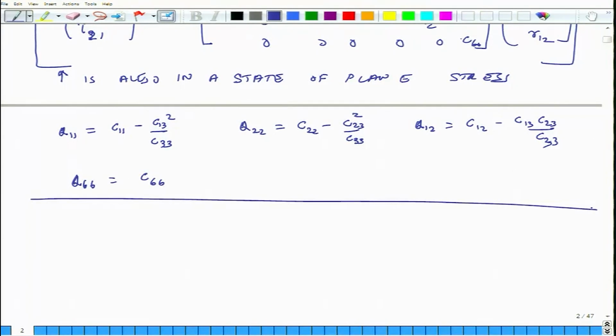So, these are the relations between the Q's and the C's, and what we see is that for a plane stress what really matters are these 4 terms, and basically we have 4 fundamental elastic constants.